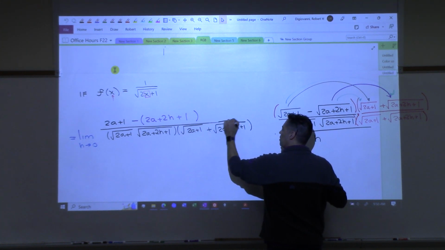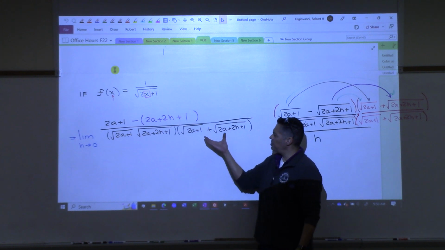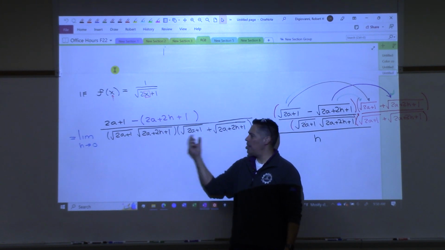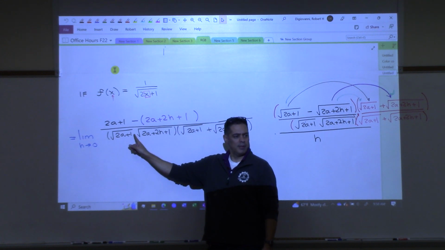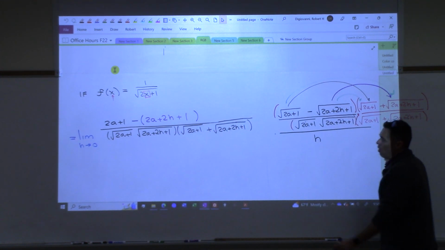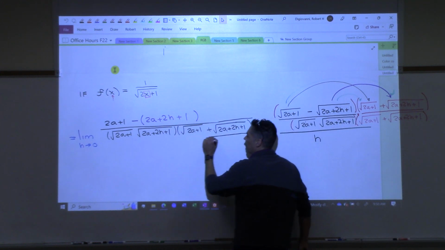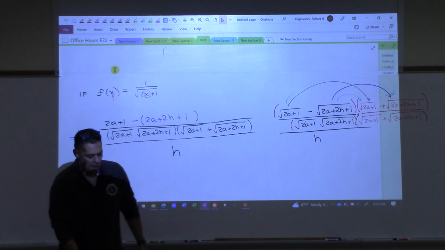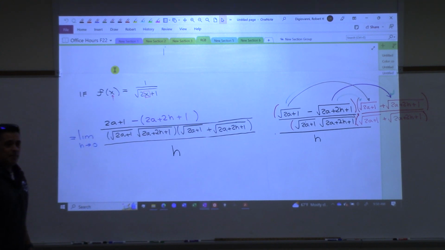Close parentheses. Y'all do see that these two things are not the same thing, right? This one has a plus between them, and this has multiplication between them. All right, all of that over h. Boom.